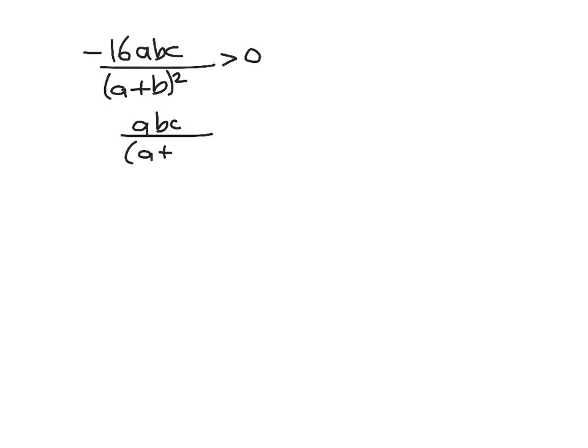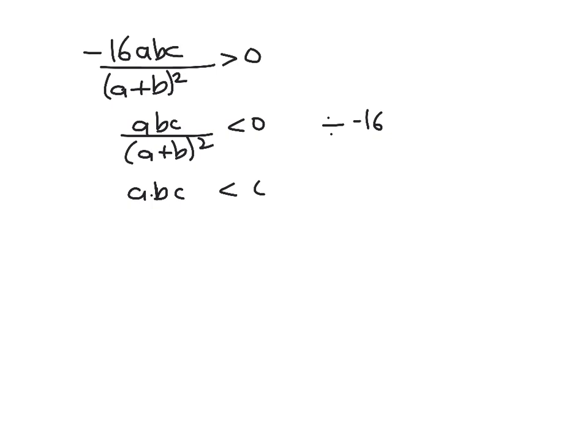So negative 16abc over a plus b squared must be strictly positive. So abc over a plus b squared must be strictly negative. That's dividing by negative 16.